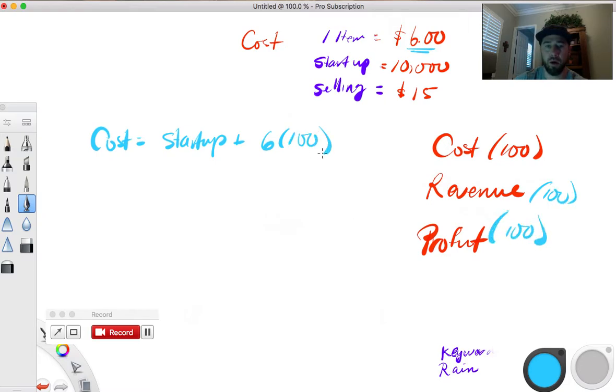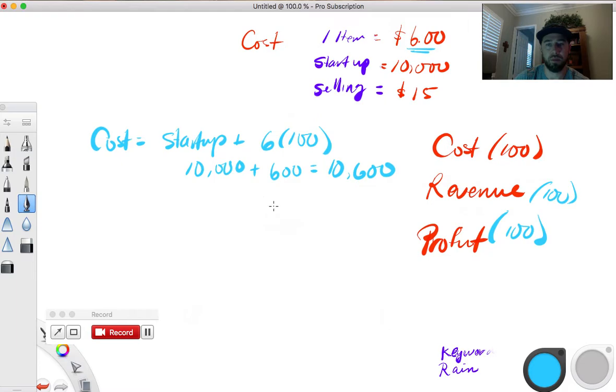So what was our startup cost? 10,000. 10,000 plus 600 is 10,600. That's what it's going to cost us to make 100 items, in the beginning of your business.